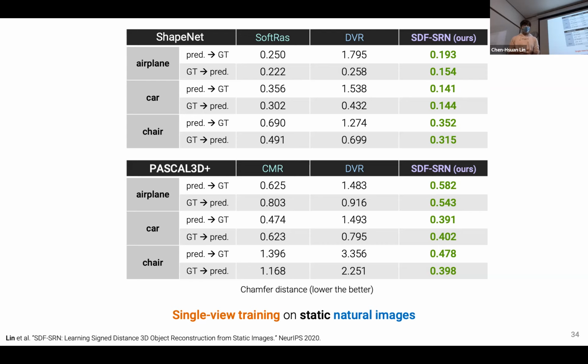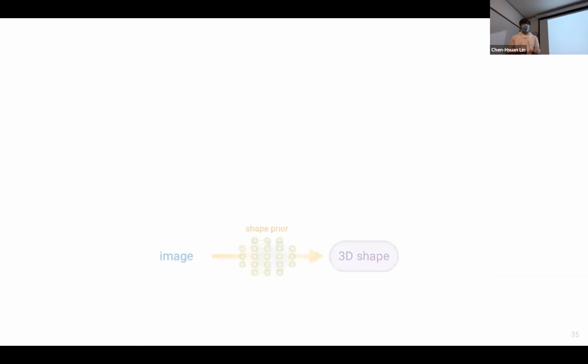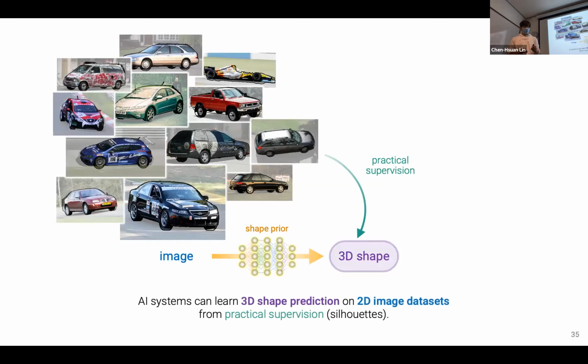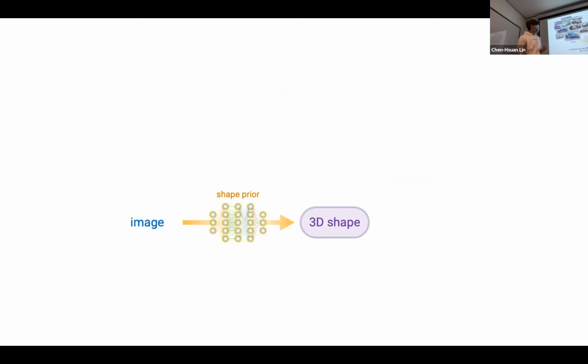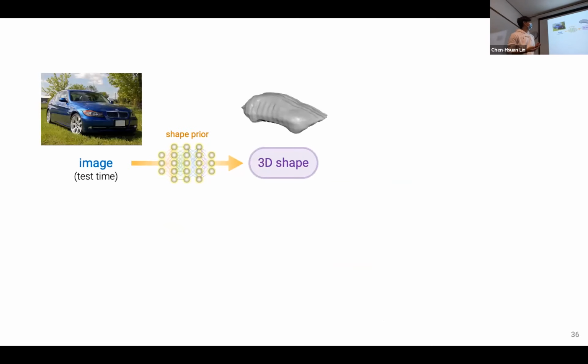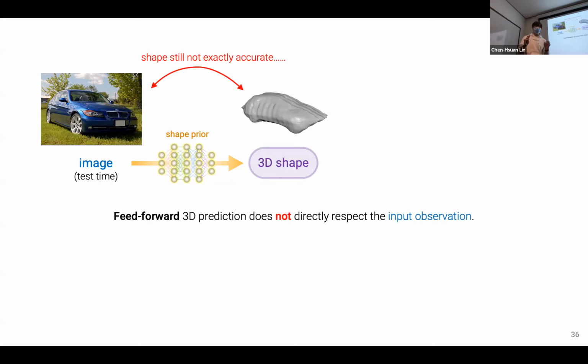Okay, so now we saw how we can learn 3D shape prediction from single static image collections, but when we look at the results, we can see that it still doesn't look like what we would expect from the input images. There's still a difference here. It's not perfectly aligned to what we would expect from the images.